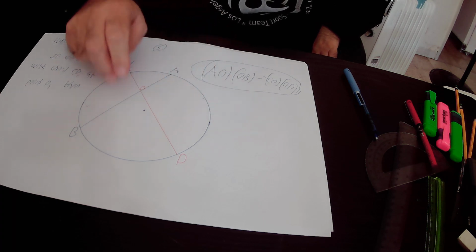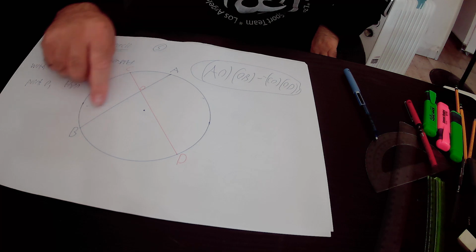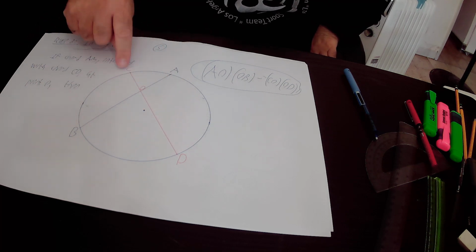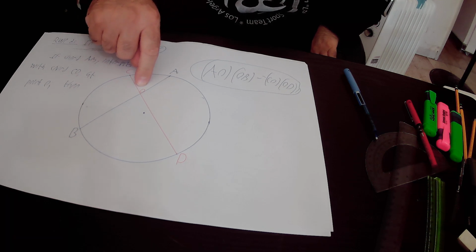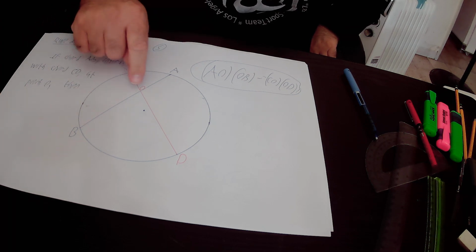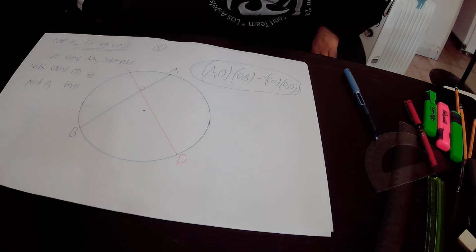So if chord AB intersects with chord CD, in the red line, and the intersection point occurs at point O, then the following equation is true: AO times OB equals CO times OD.